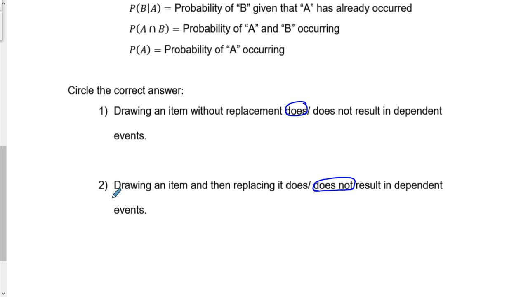For example, if we had a bag of marbles, well, you draw one red marble. In the first situation, you don't replace that red marble. Well, now the probability of getting a red marble has decreased for the second item. But for this one, if we replace that red marble, it would be an independent event. So it does not result in dependent.